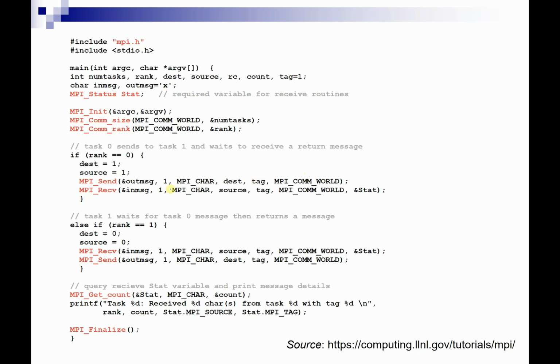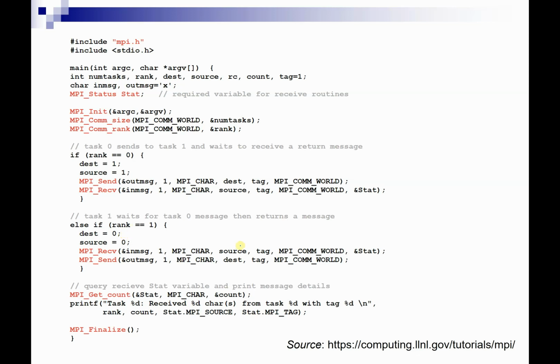And then I'm going to receive a message from the same source, from process 1. So I send to and receive from process 1. And then if my rank is actually 1, then I'm going to set my destination and source to be process 0.